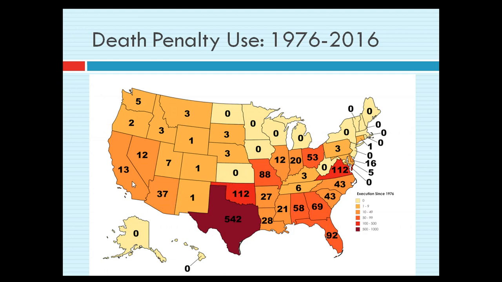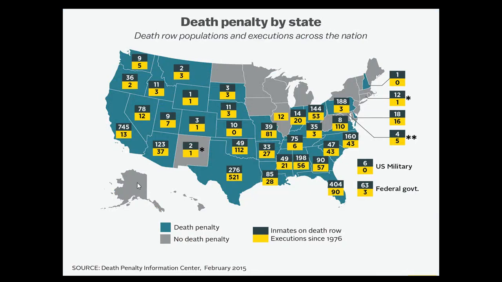There's some other states like California where it's been used a lot as a penalty, but again, because of the checks and balances that are involved, and you can see that here, while they've had over 700, closing in on 800 execution orders, those sentences given by various states throughout the courts, they've actually only had less than 20 people who have ever actually had death as their final penalty.